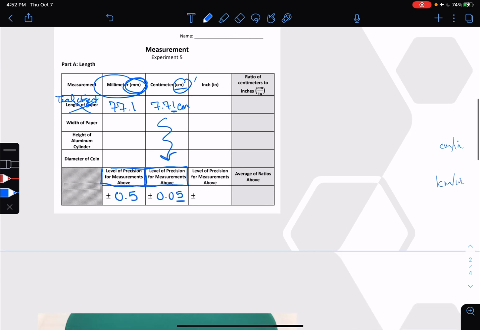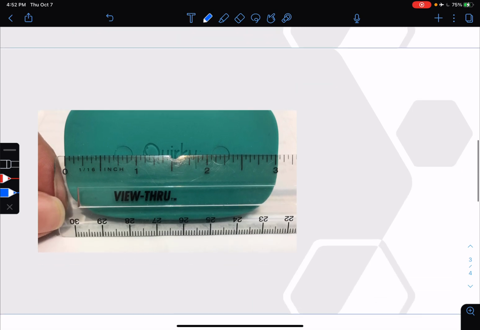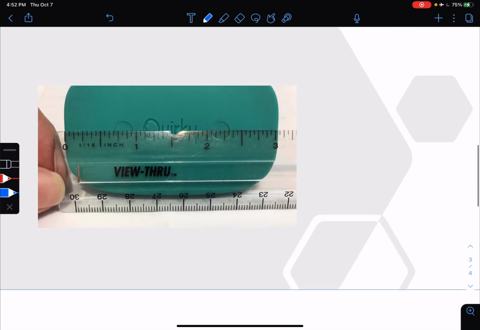All right. So looking at the ruler measuring in inches. Now, measuring in inches is kind of weird because we have to do fractions. And nobody likes fractions.